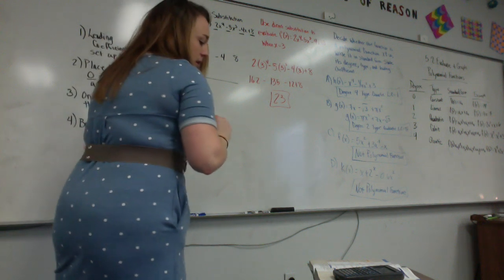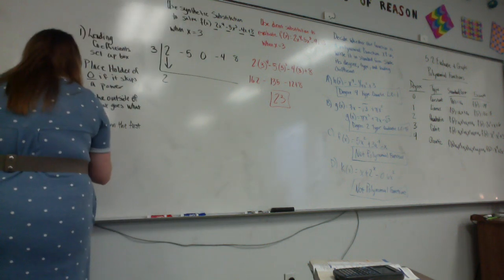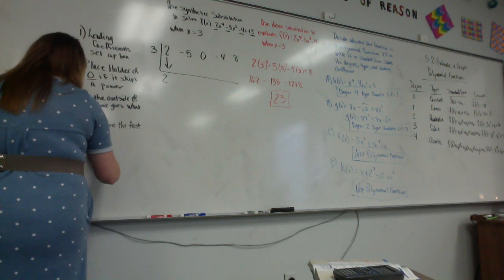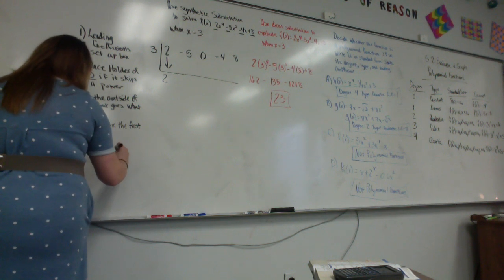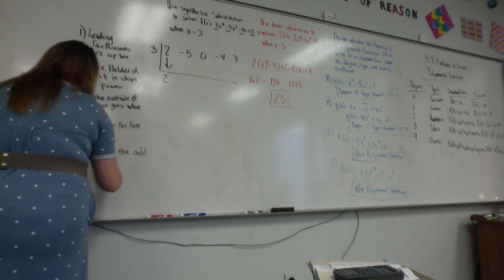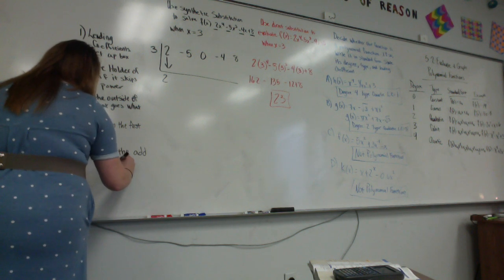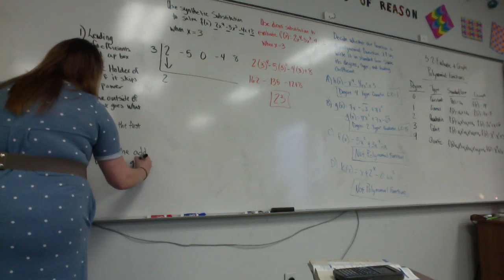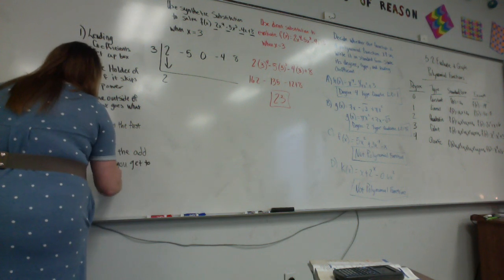And then from there you are multiplying, then add. So you multiply everything by 3 and you add all of them together? In a second, I'll show you, until you get to the end.